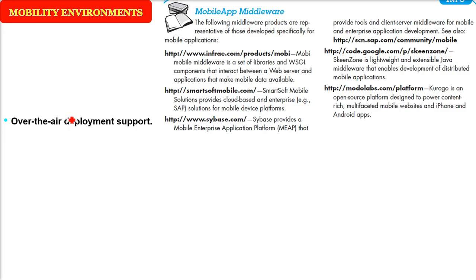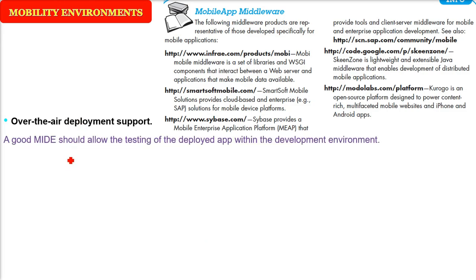What does it mean? A better MIDE will allow you to test the deployed app within the development environment. You don't need various devices to test on; in the development environment itself you are able to deploy and then check.